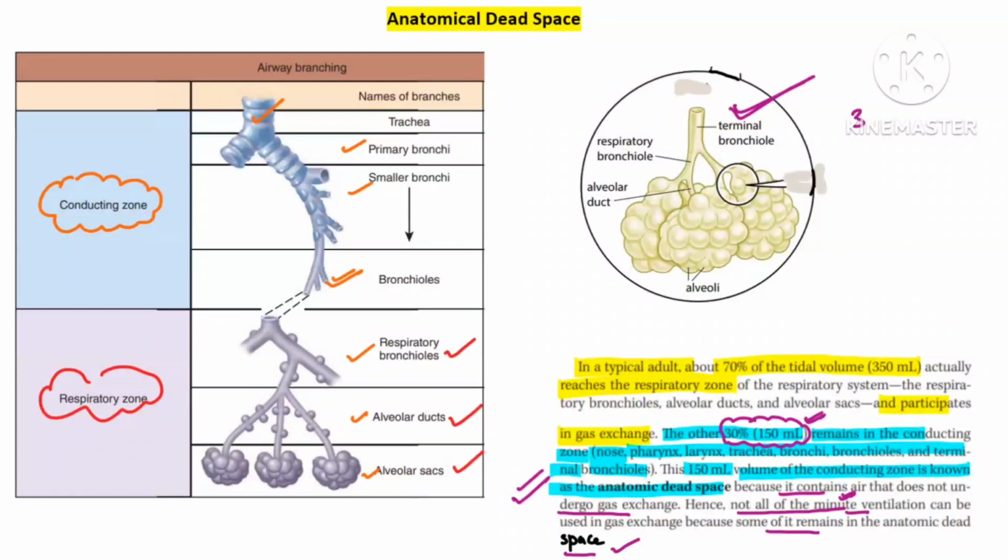So please remember, 30% of tidal volume is your anatomical dead space. Clear, beta? And it is the air which is trapped in the conducting zone. So this is the one area where the students make mistakes. I hope this topic is easy for you.